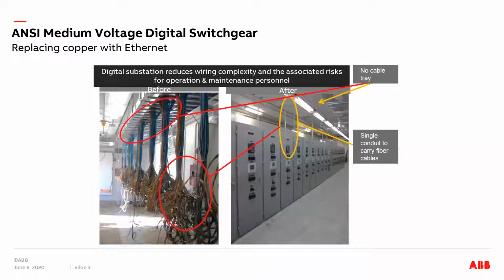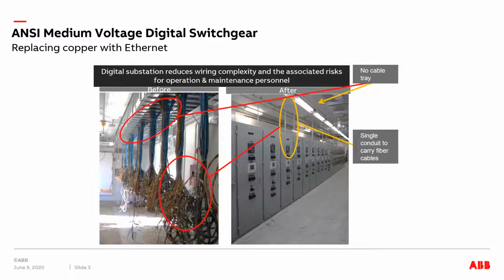And a digital switchgear is one of the pictures here on the right. There are no cable trays, just a single conduit to carry fiber optic cables. So that's all we're talking about. It becomes a very neat execution.